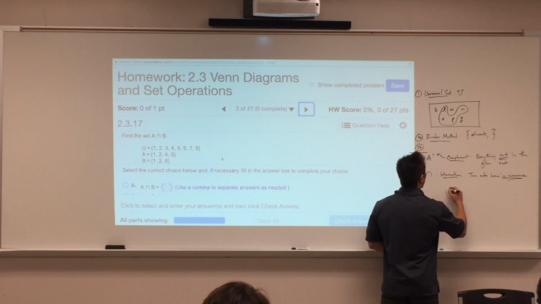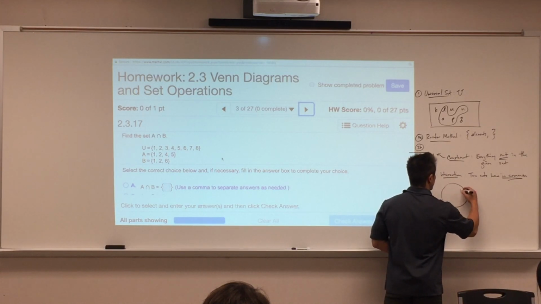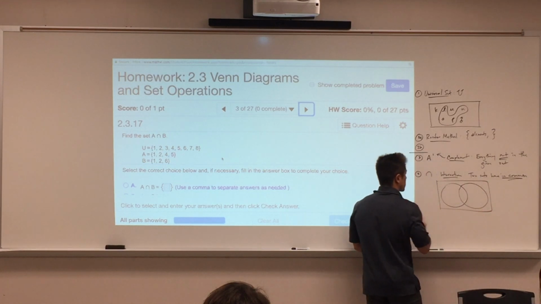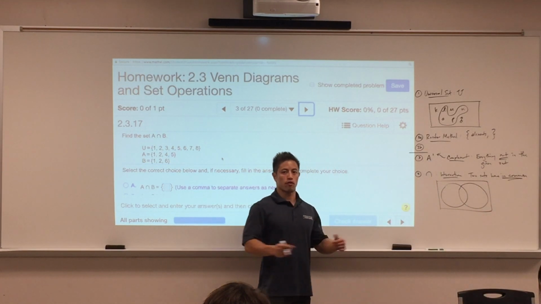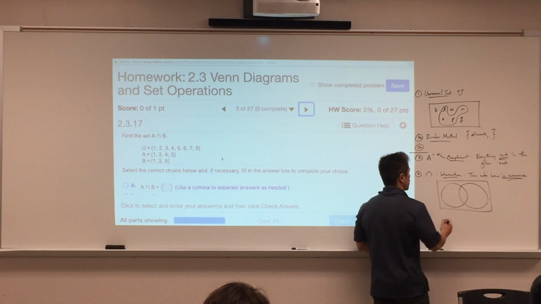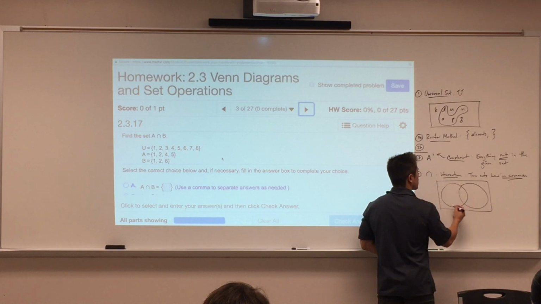If we drew a Venn diagram of what's going on here, we have our universal set, which boxes in what we're working on, and then we've got a subset and then another subset.